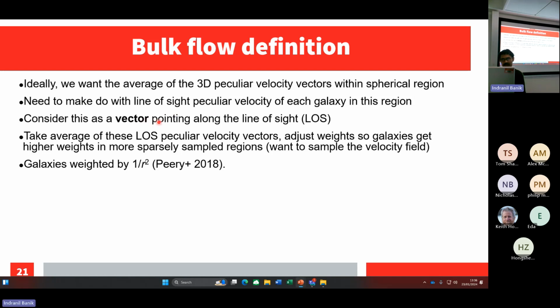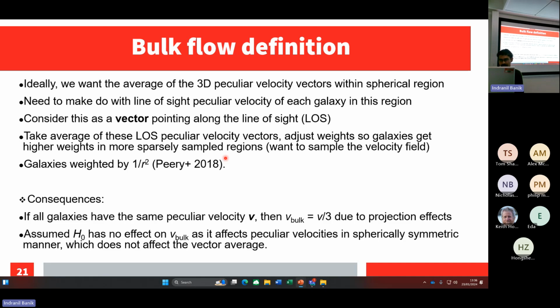When you measure the line of sight velocity of a galaxy from its redshift, you can consider this as a vector pointing along the line of sight, and you take the average of these vectors for all the galaxies in a certain volume. You try and adjust the weights because you ideally want every part of that sphere to receive equal weight. But if some parts have fewer galaxies, the galaxies in that part must be weighted higher to compensate. But otherwise, that's basically what we're doing. We're getting the average velocity in a certain region.